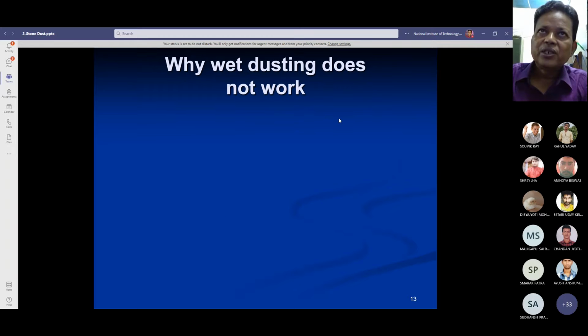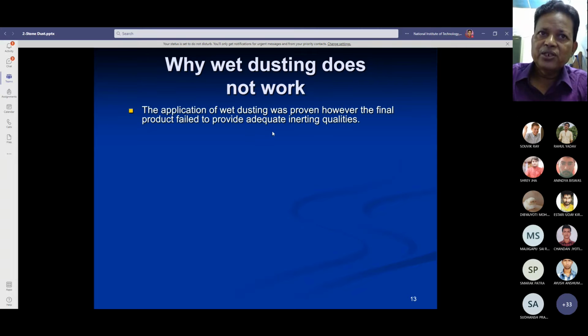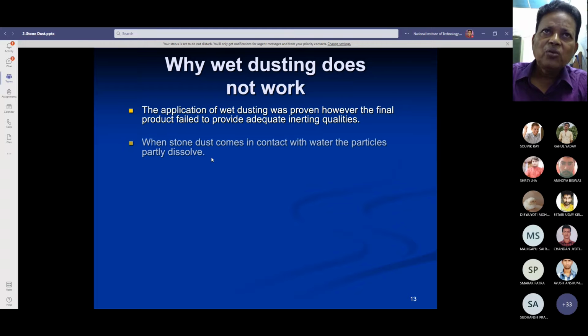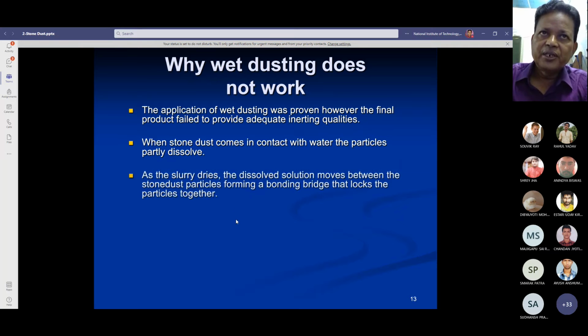So why does wet dusting not work? Sometimes wet dusting does not work. Why? The application of wet dusting was proven, however, the final product failed to provide adequate inerting qualities. When stone dust comes in contact with water, the particles partly dissolve. As the slurry dries, the dissolved solution moves between the stone dust particles, forming a bonding bridge that locks the particles together.